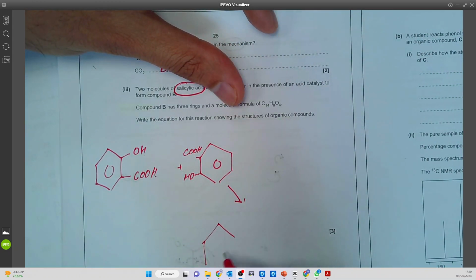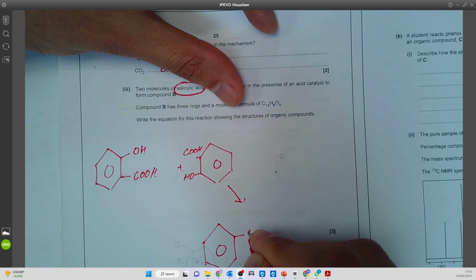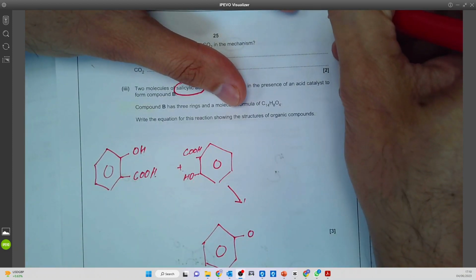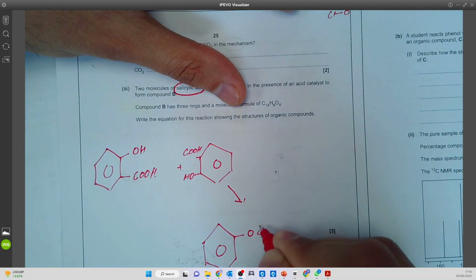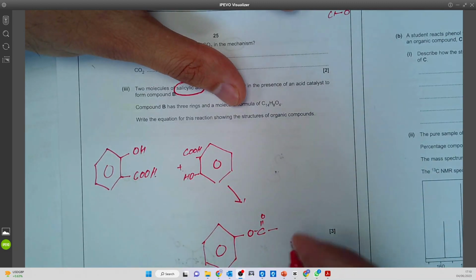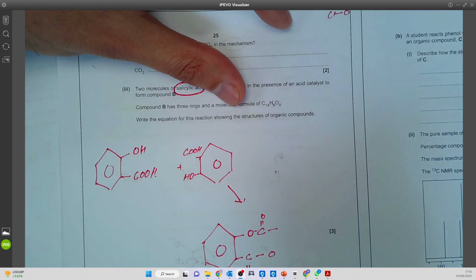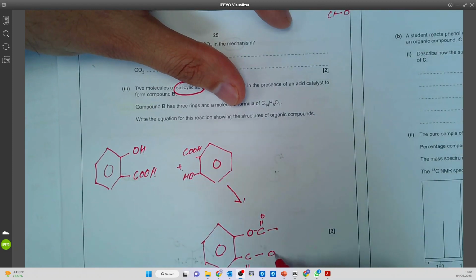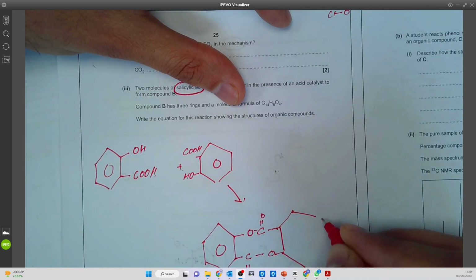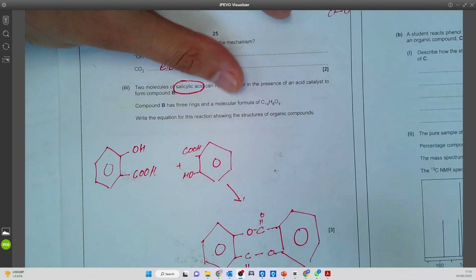Now, when they combine together, what will they do? You'll have the first one at this location. You will now have O dash C double bond O dash. You'll have the same thing here, but in the reverse order. C double bond O dash O. Agreed? Now this has to be bonded to the ring. So I can then say, does that make sense?